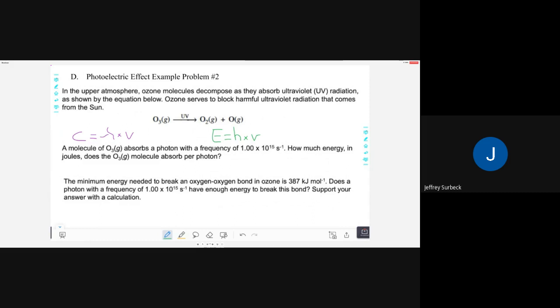So that ozone absorbs something with a frequency of 1 × 10 to the 15th hertz, or inverse seconds. We want to know how much energy. So do we even have to, in this first part, worry about the speed of light formula? No, because we're already given frequency and we can jump right into that. And so we can say, all right, down here, our E for energy equals our Planck's constant, which, does anybody remember that off the top of their head?